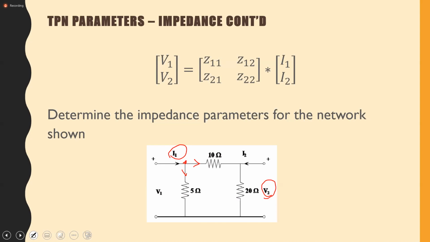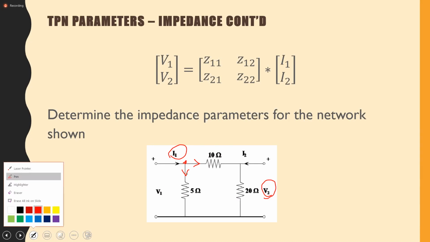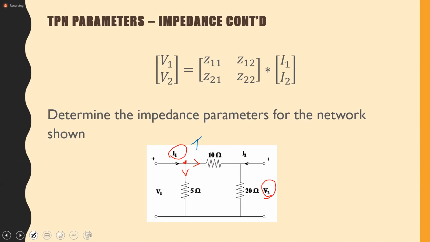You agree with that? Yes, sir. All right. So the current that goes in that direction, I'm going to call it Ix. So it's a component of I1 that goes there. So I can use current divider and write Ix in terms of I1.